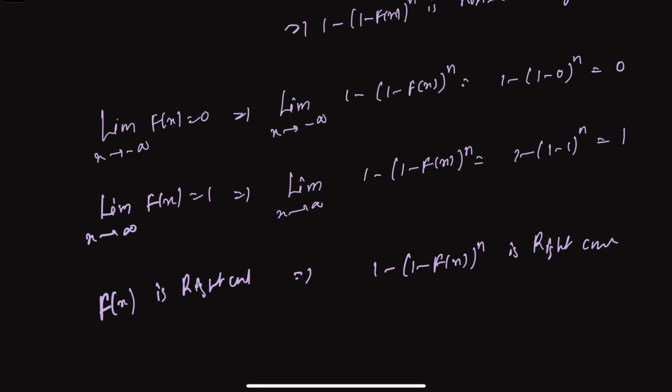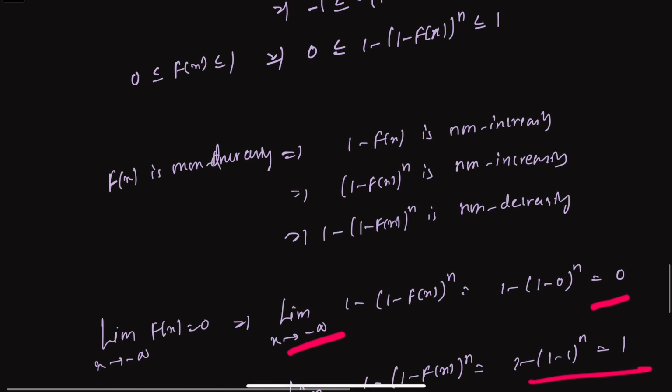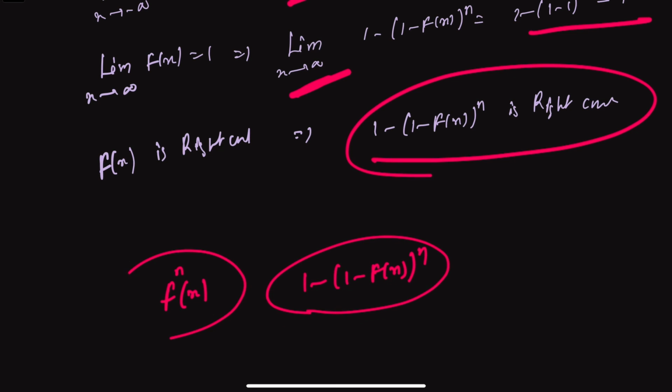The limit as x tends to infinity is 1, the limit as x tends to minus infinity is 0, and the function is non-decreasing. Therefore, F of x whole to the power of n, and in a similar way 1 minus (1 minus F of x) whole to the power of n, are both probability distribution functions.